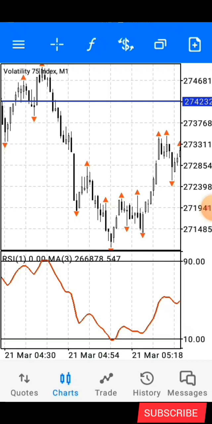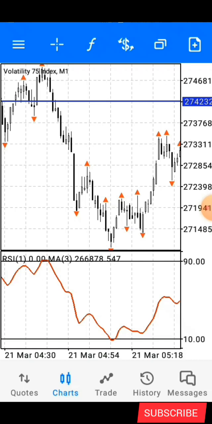Let's go back to the main topic. Now I'm going to be showing you my favorite candlestick patterns, which I personally use to trade whenever it comes to V75. I've observed that these candlestick patterns mostly occur in the market whenever it goes to an overbought or oversold level.